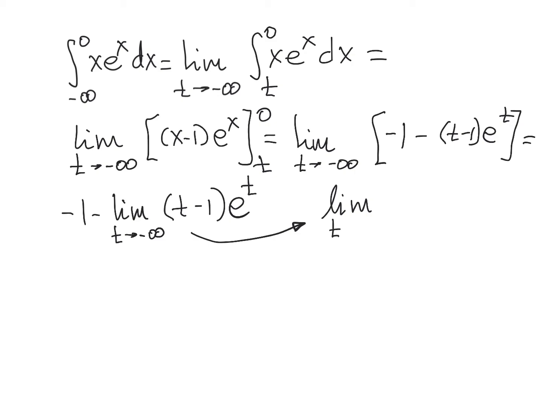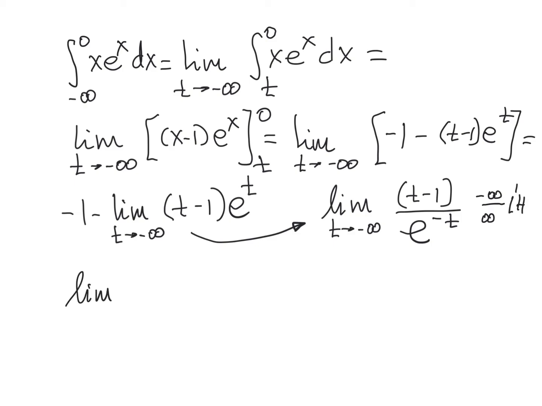In order for us to do it, we need to take e to the t and put it in the denominator as e to the negative t. Now let t approach negative infinity. The numerator approaches negative infinity, while the denominator approaches positive infinity, and therefore we can use L'Hopital's rule in order to evaluate this limit.